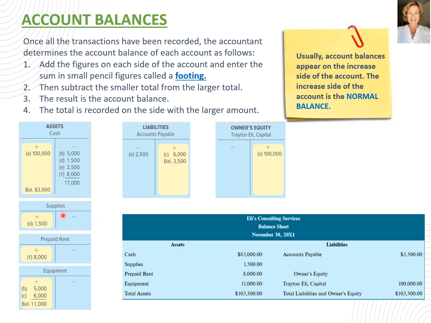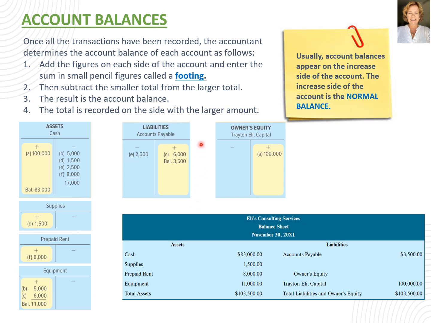We do the same for the other asset accounts, and you can see supplies has a balance of $1,500. We don't even need to calculate anything because there's only one transaction. Same thing is true for prepaid rent. We can see that the balance is $8,000. For equipment, we had two transactions, so we'll calculate the balance by adding those two transactions.